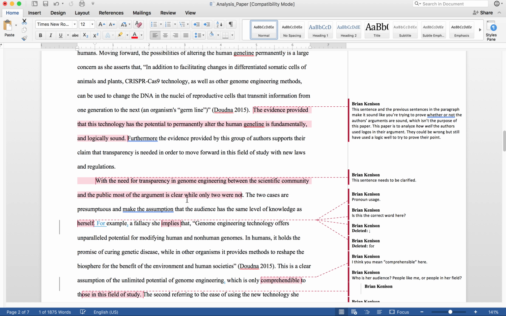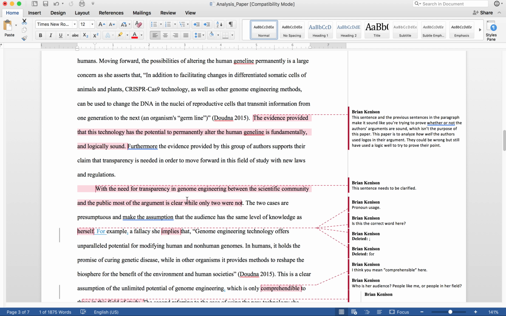As we go down, and you can scroll through this paper, I'm going to post it online, like I said. Scroll down. We're not going to read this entire paragraph. But in parts of this paragraph, it feels like the writer is trying to convince us of the rightness of the author's arguments, rather than analyzing how well the author made the arguments.